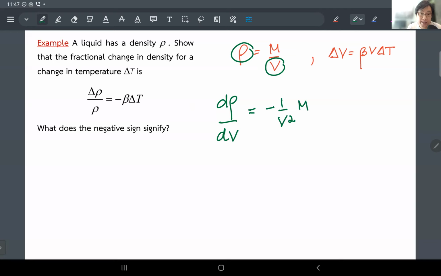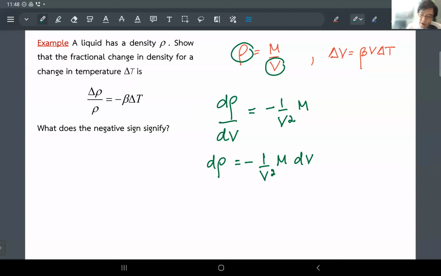Now, I can turn this into a differential form, just like what we did before in my examples. So the change of the rho is going to be negative 1 over v squared, mass, dv. I put the dv to the right side, and this turns into a differential form. It's not a differential equation per se.